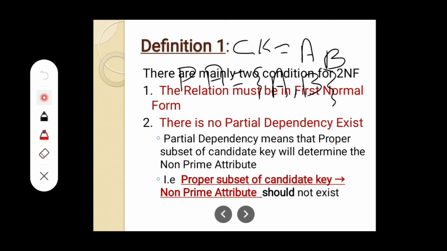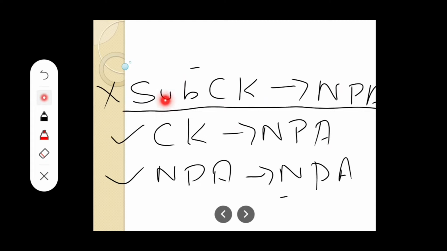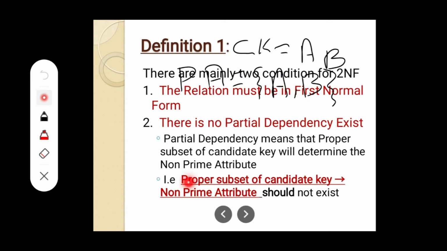So how can you identify partial dependency? Partial dependency means that a proper subset of the candidate key determines a non-prime attribute. This must not happen. That is, a proper subset of the candidate key determining a non-prime attribute should not exist. If it exists, then the relation does not satisfy 2NF.